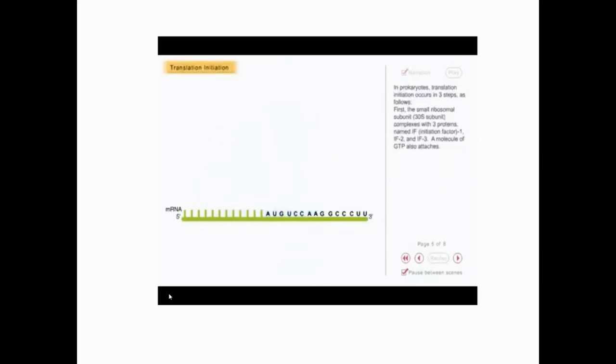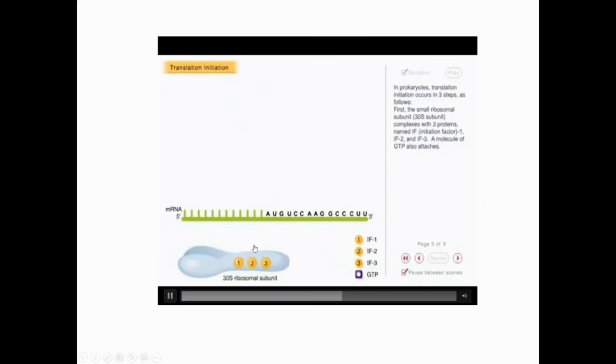In prokaryotes, translation initiation occurs in three steps. First, the small ribosomal subunit, the 30S subunit, complexes with three proteins named initiation factor 1, initiation factor 2, and initiation factor 3. A molecule of GTP also attaches.